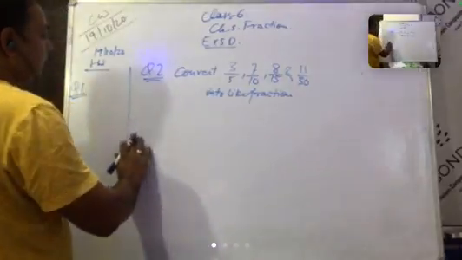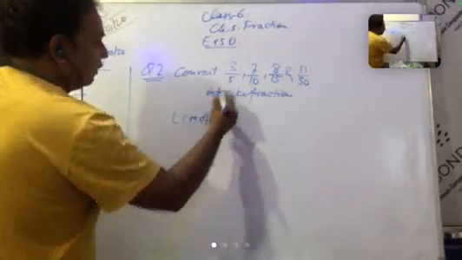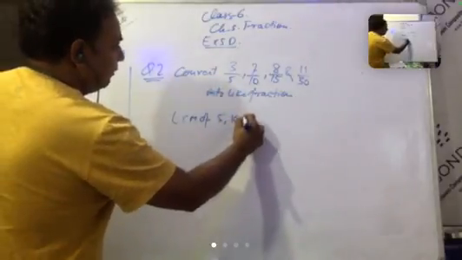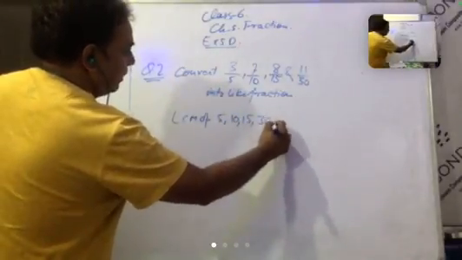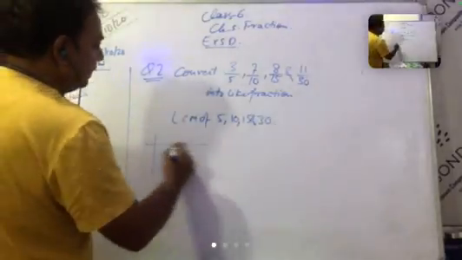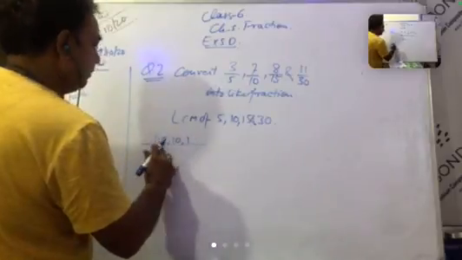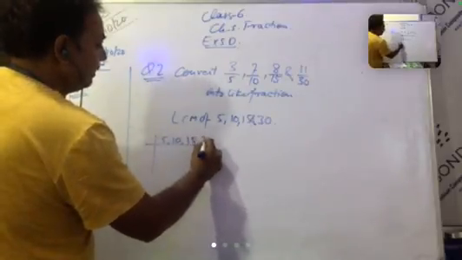For this we have to take out the LCM of the denominators. So first we take out the LCM of 5, 10, 15 and 30.